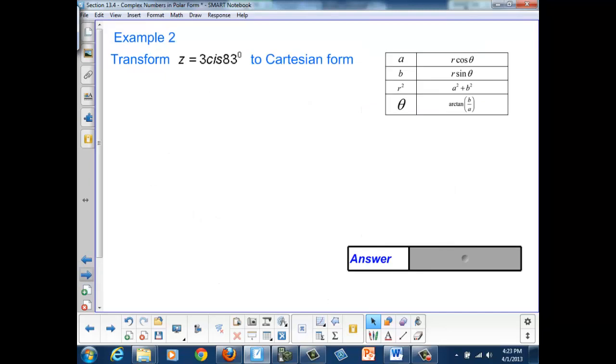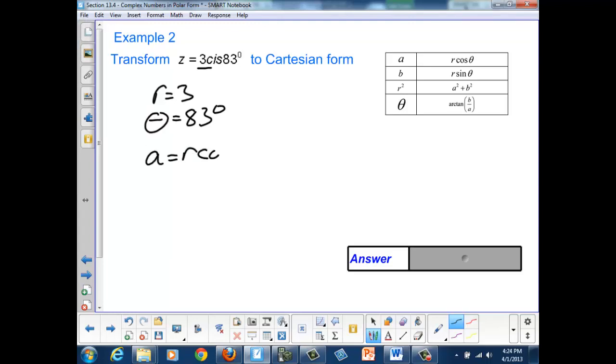Now let's look at an example going in the other direction. Given polar format of our complex number, how do we get to Cartesian form? Well, it's just as easy as it was to go in the other direction. So here we just identify r and theta. So r is going to be 3, and theta is our 83 degrees. And then we look at our relationships, and we find that a is r cosine theta.